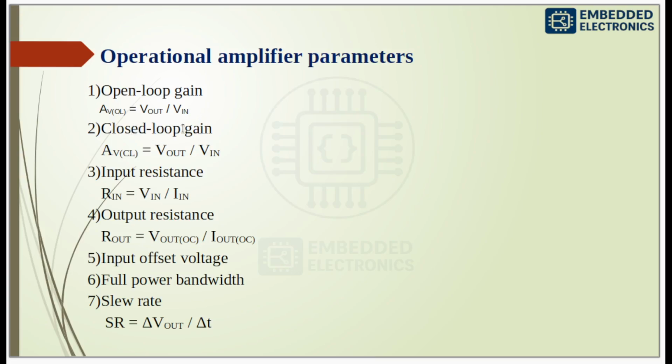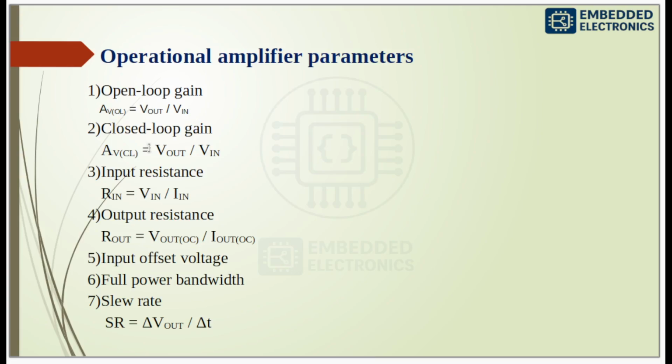And next is the closed loop gain. It is defined as the ratio of output voltage to input voltage measured with a small proportion of the output fed back to the input. That means here we have feedback, there no feedback.